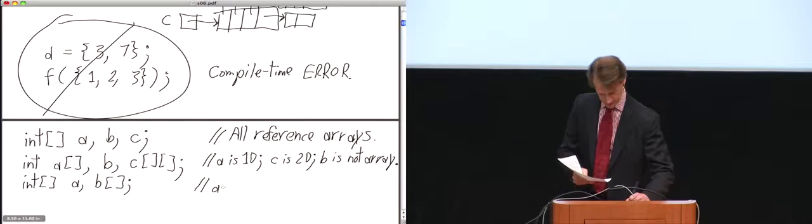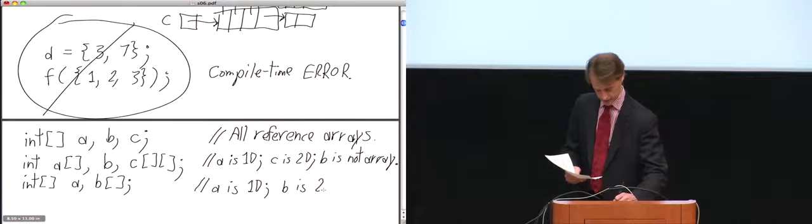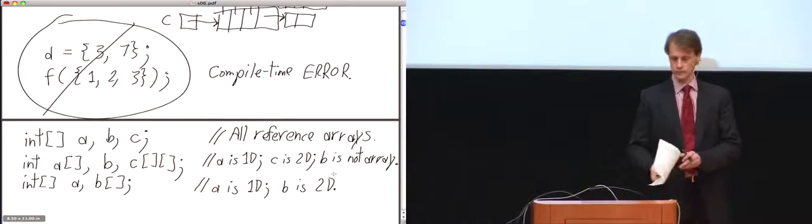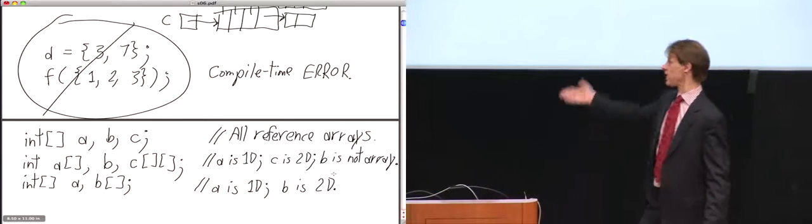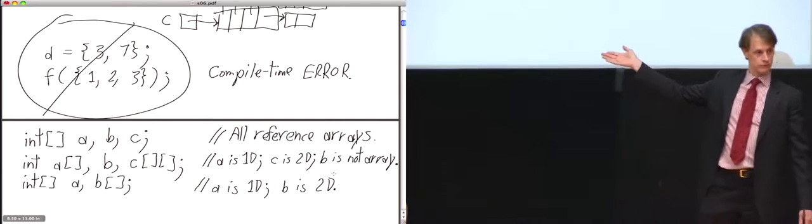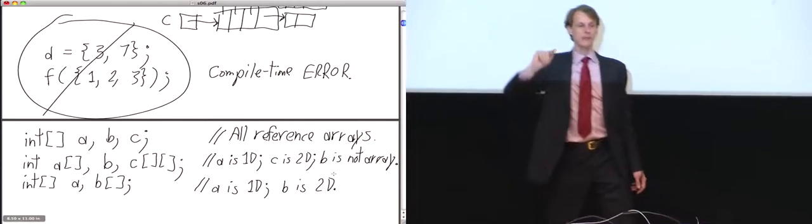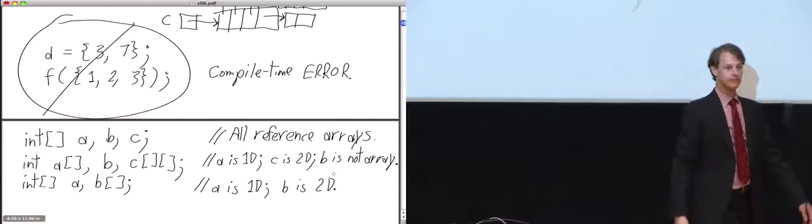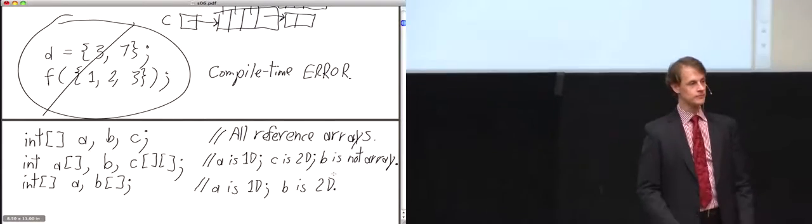So now, in this example, A is a 1D array of ints, and B is a 2D array of ints. So if you see declarations like that, you will know what they mean. I usually recommend sticking to the first style at the top, but it's not a hard and fast rule.